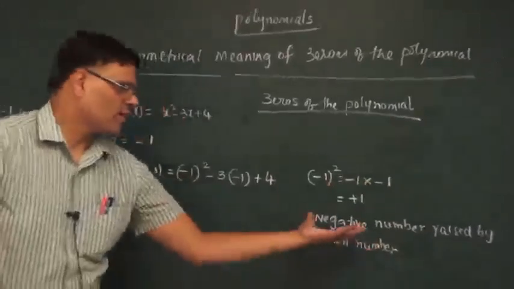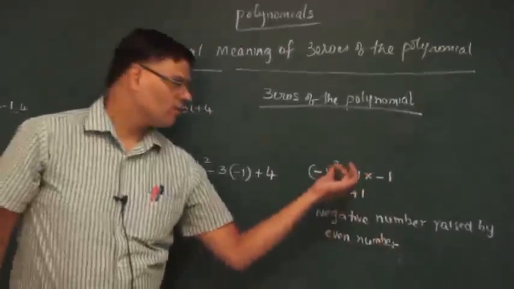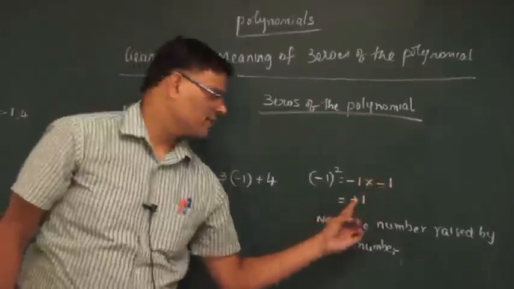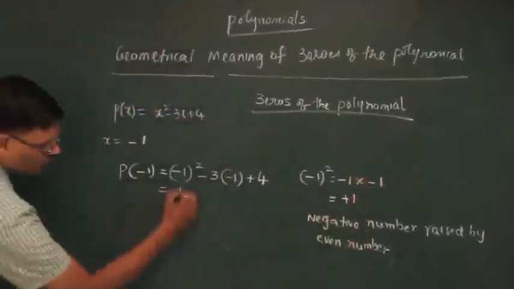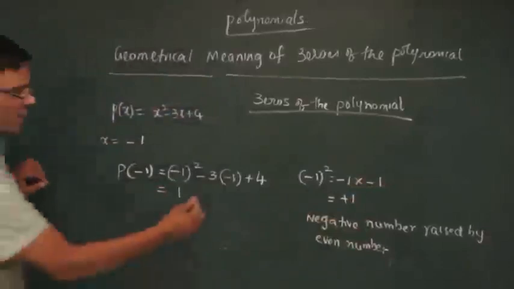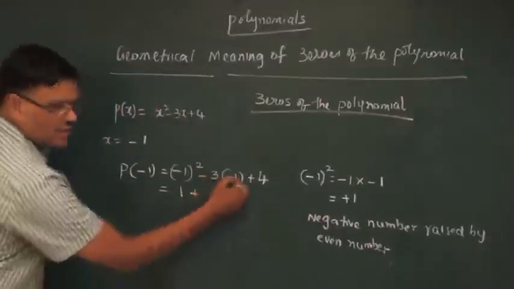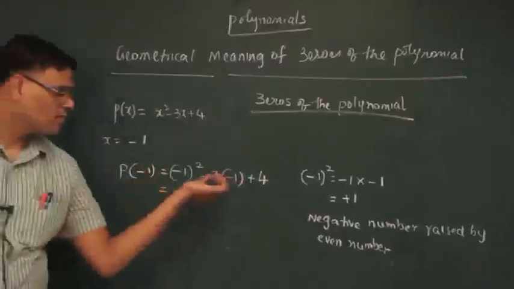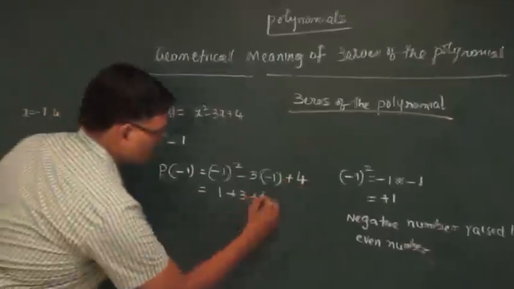In case you are not able to apply this, just multiply minus 1 into minus 1, minus into minus is plus, 1 ones are 1. So here the answer is 1. Again here minus into minus will give plus 3 into 1, 3 ones are 3, plus 4.